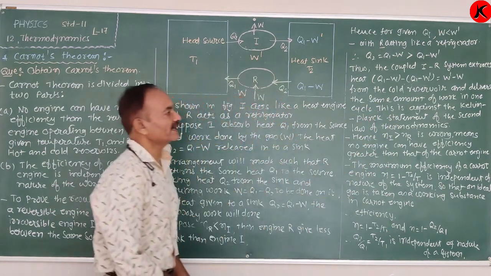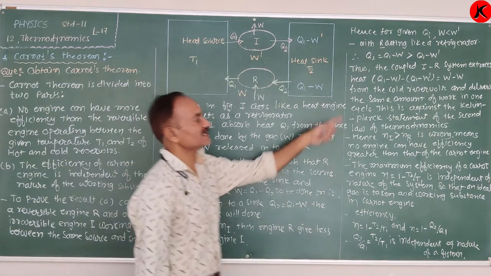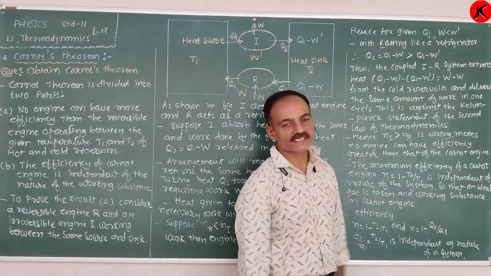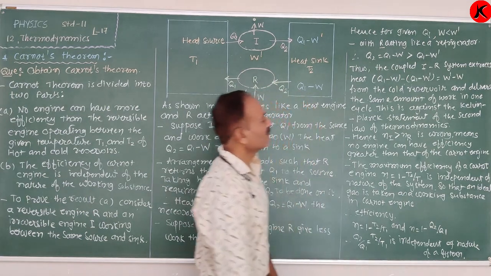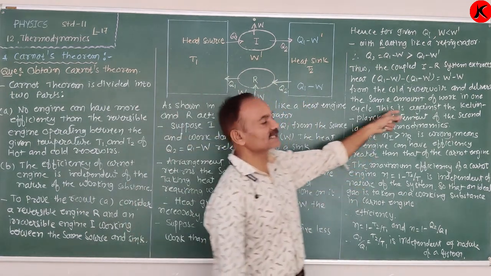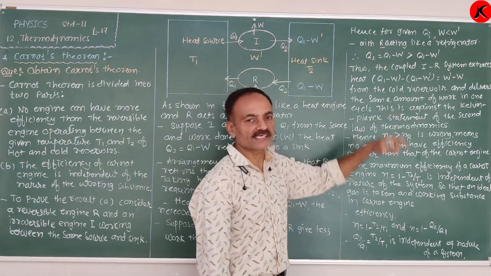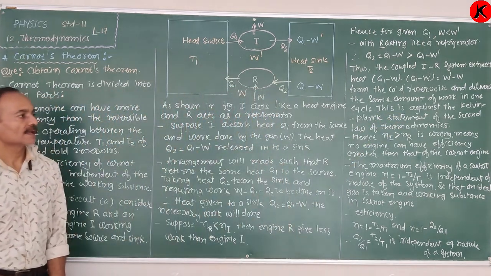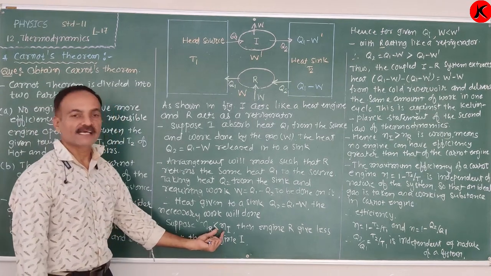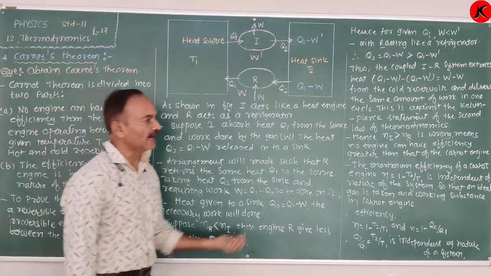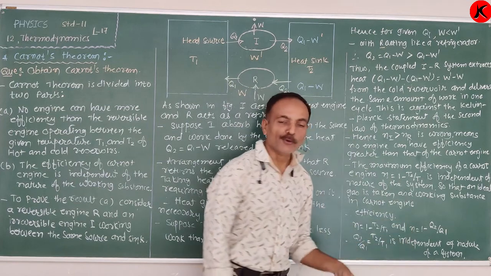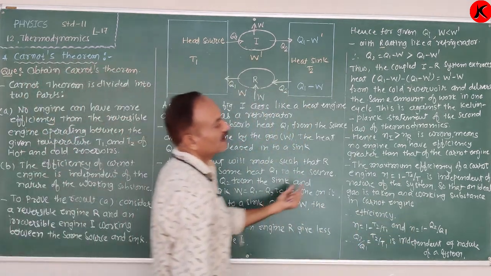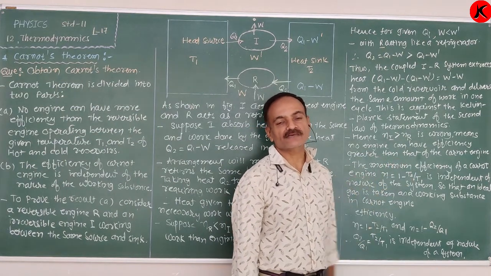So this goes against the Kelvin-Planck statement of the second law of thermodynamics. Therefore, our assumption is wrong: ηI cannot be greater than ηR. It means no engine can have an efficiency more than the Carnot engine or the reversible engine.